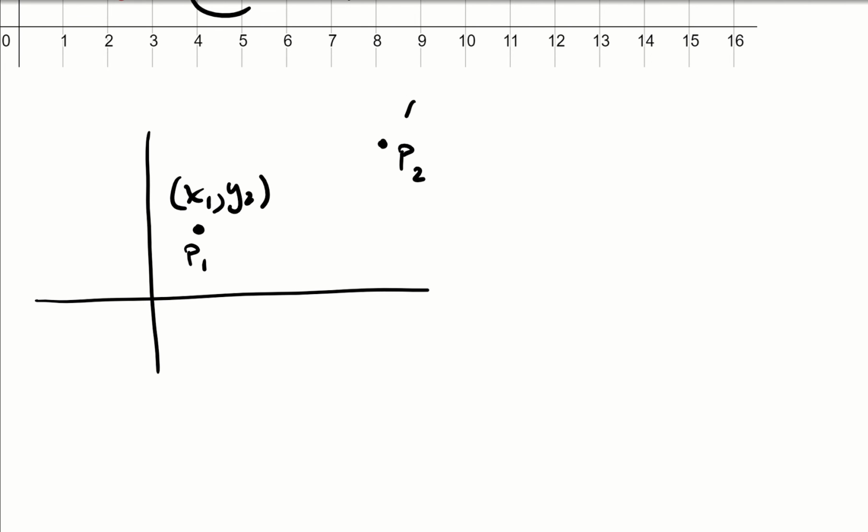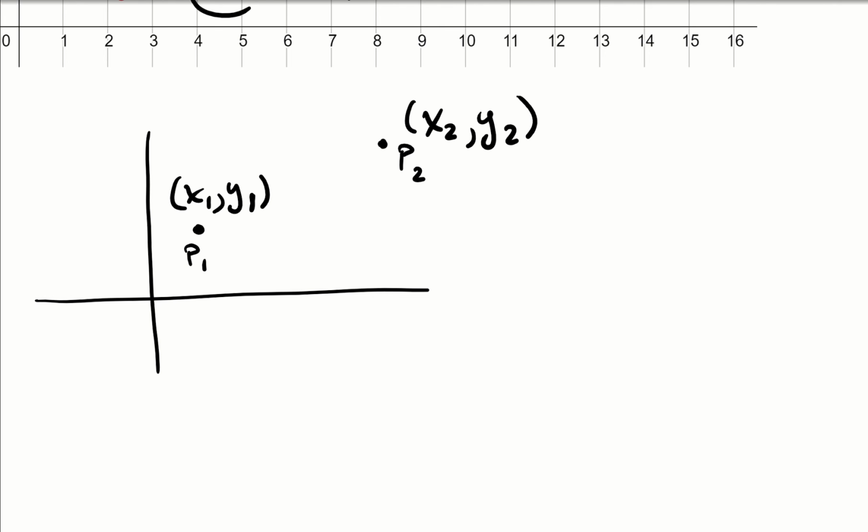Over here at point 2, I have coordinates x2 and y2. Okay, so just so we're all clear, point 1 has an x and a y, and I'm labeling them x1 and y1. Point 2 has an x and a y, and I'm labeling them x2 and y2.